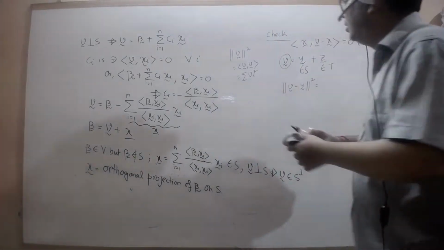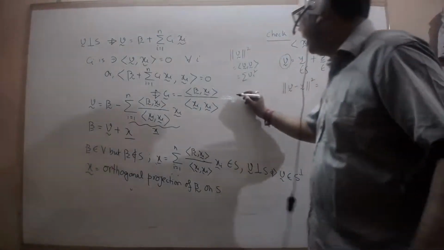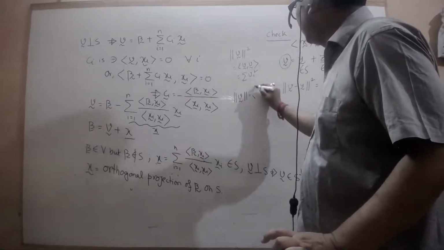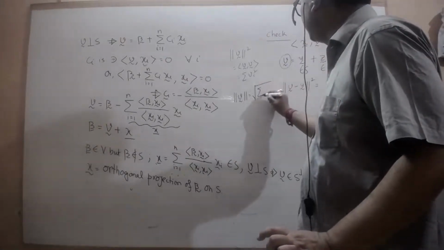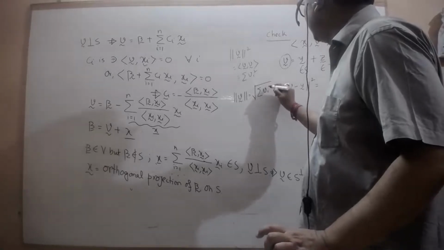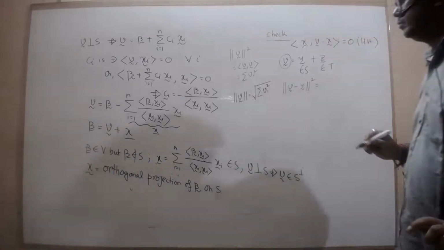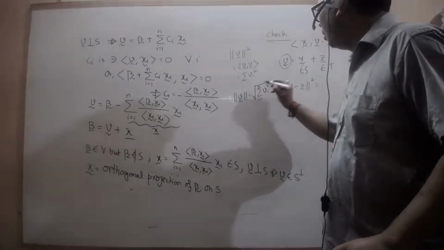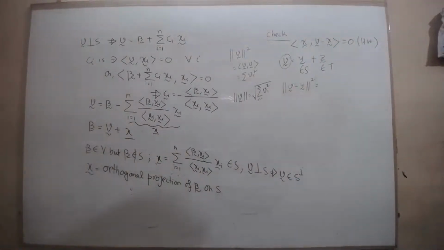So the norm is defined as root over what is. Suppose we have n components, then the norm is defined as this.